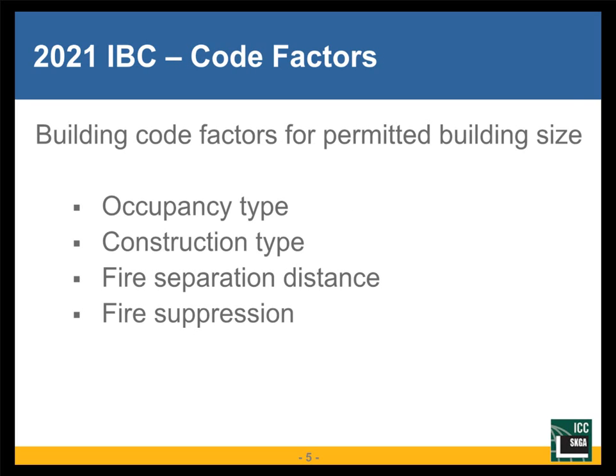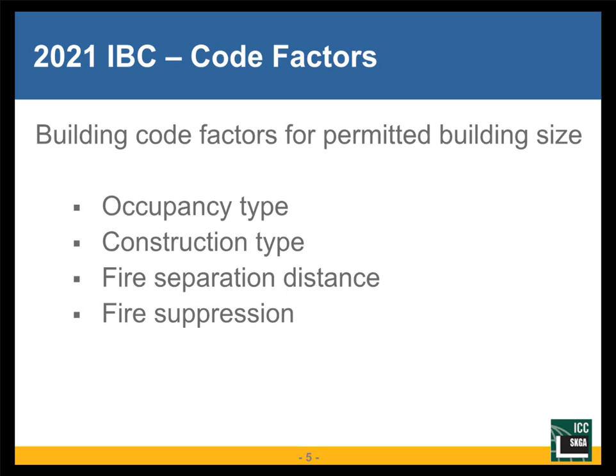So the factors we'll be looking at today as we go through this is we want to look at the occupancy type. That is one of the factors I mentioned a minute ago. Construction type, the materials that are used to construct the building itself. The relationship of a building to adjacent properties, or what's called the fire separation distance, plays a factor in how big the building can be built.